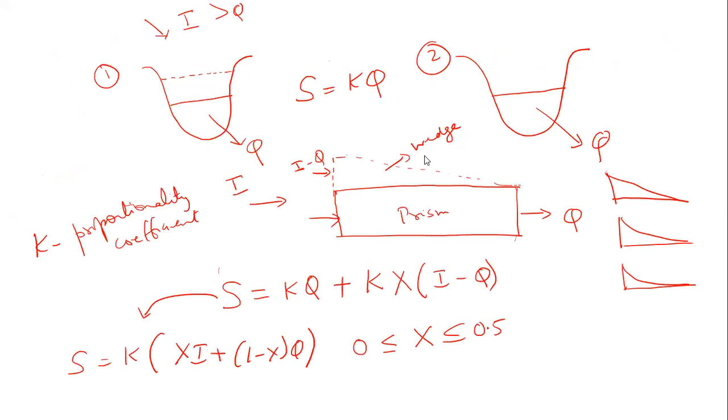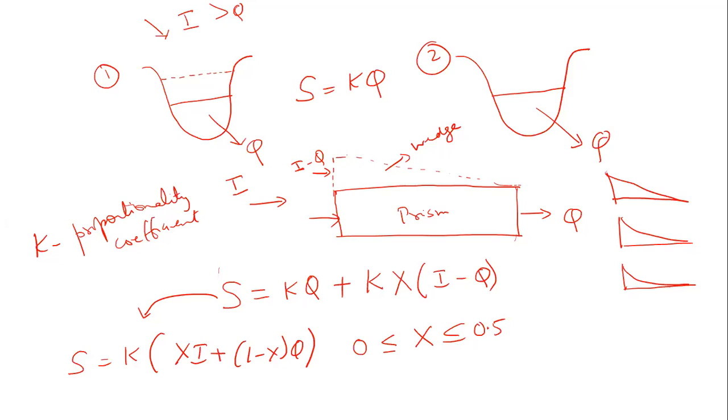Okay, the reason x cannot be greater than 0.5 is, if x is greater than 0.5, that implies that the impact of the flood has reached the end of the channel reach, right? If x is 0, there is no flood, right?